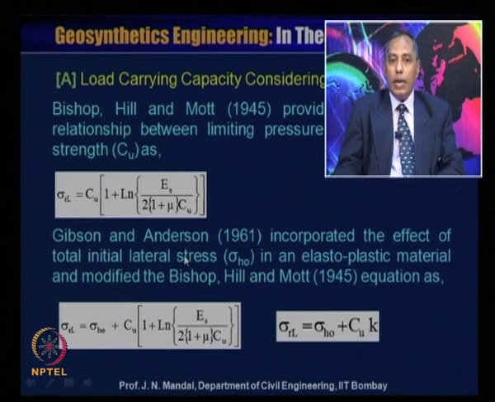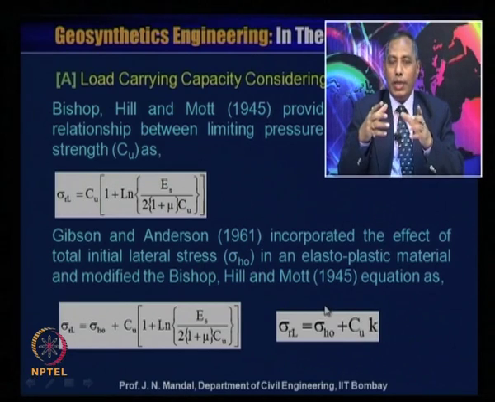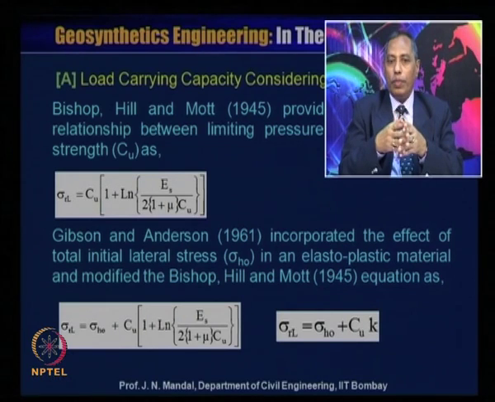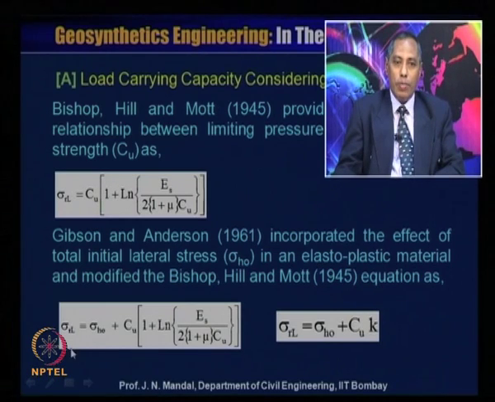Now, Gibson and Anderson 1961 incorporated the effect of total initial lateral stress, that is sigma H0, in an elastoplastic material and modified the Bishop, Hill and Mott 1945 equation: sigma RL is sigma H0 plus Cu into ln Es divided by 2 into 1 plus mu into Cu. So, sigma RL will be equal to sigma H0 plus Cu into K.